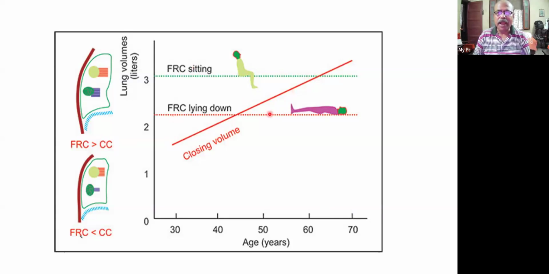But when the person lies down, that closing volume curve is crossing this FRC curve at about 44, 45 years of age. And here the FRC becomes less than the closing capacity. So when the patient lies down at 44 years, the FRC has already fallen below the closing volume. That is the thing to be noted.